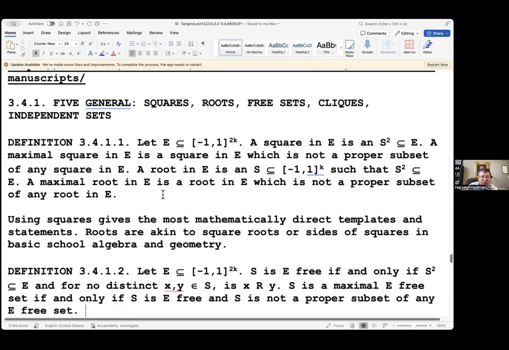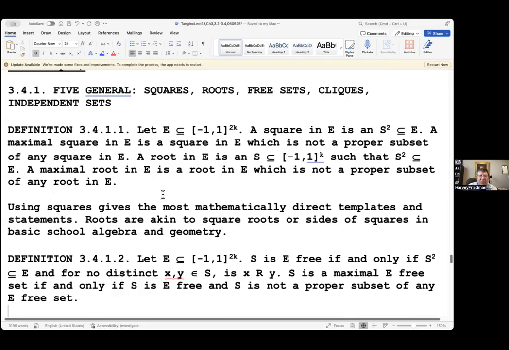Okay, so first of all, we have five general categories of constraints that are special cases of general constraints. Okay, not quite. There's a footnote to what I said. A square is an S squared.